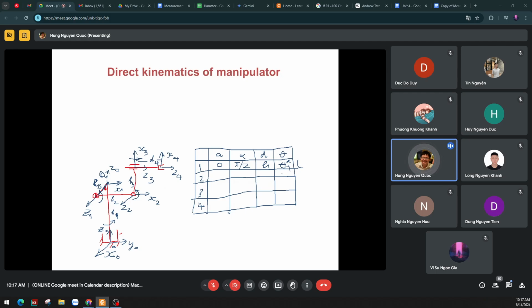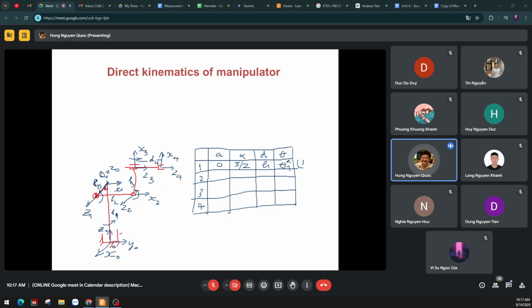Theta 1 is the angle between x0 and x1 when you look from G0, then you rotate x0 to be coincident with x1. x1 is in this direction. You rotate this one coincident with this one. So now the value is pi over 2.